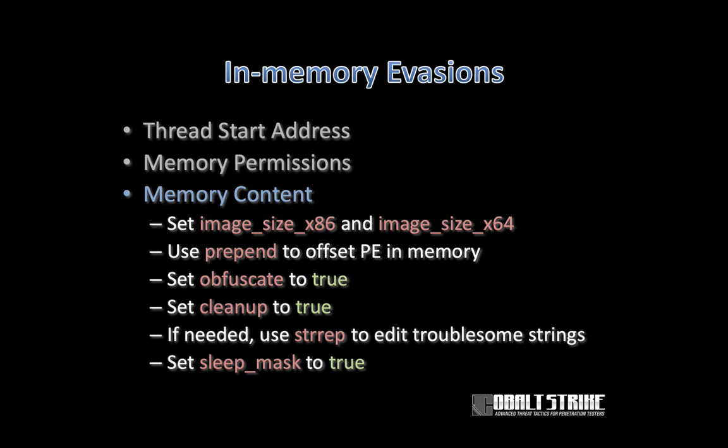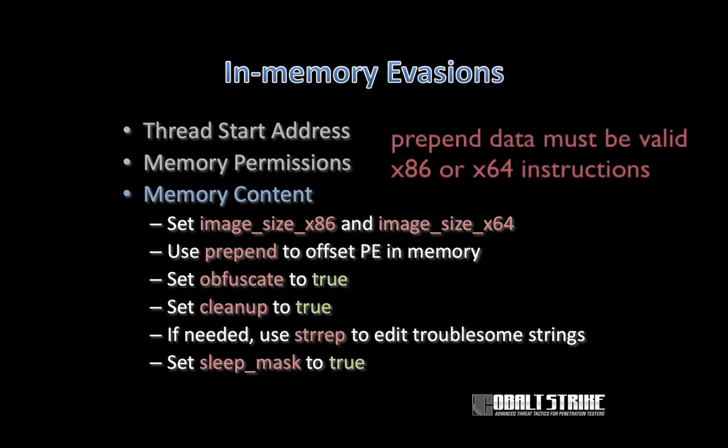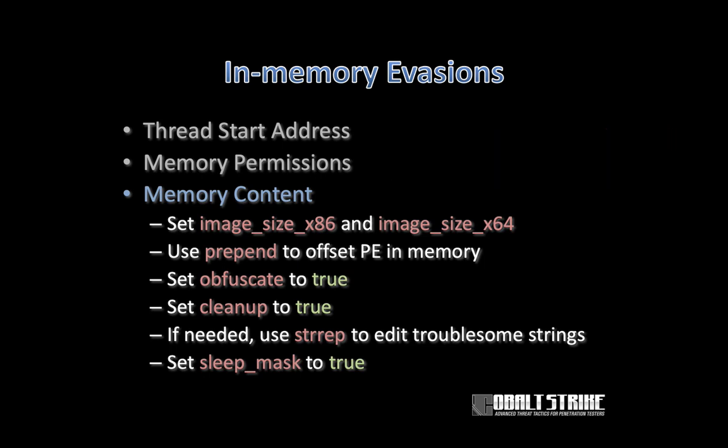I have heard some people say that the fixed size of Beacon in memory is an indicator. Consider using prepend to offset your Beacon payload from that natural boundary, which is the beginning of a page or even the beginning of a region of memory. There is an option in Cobalt Strike called obfuscate that will take some basic steps to obfuscate the Beacon DLL content.